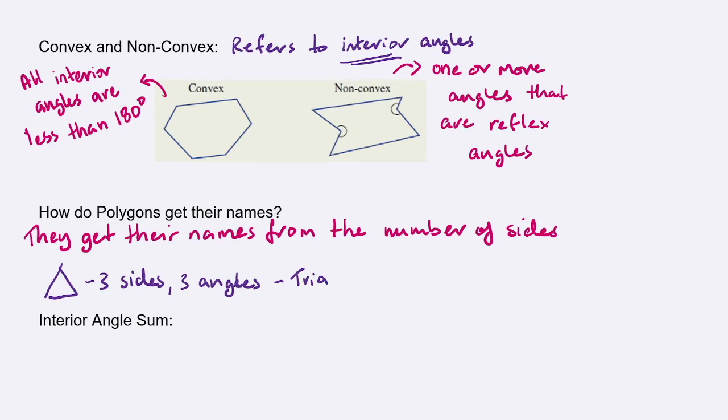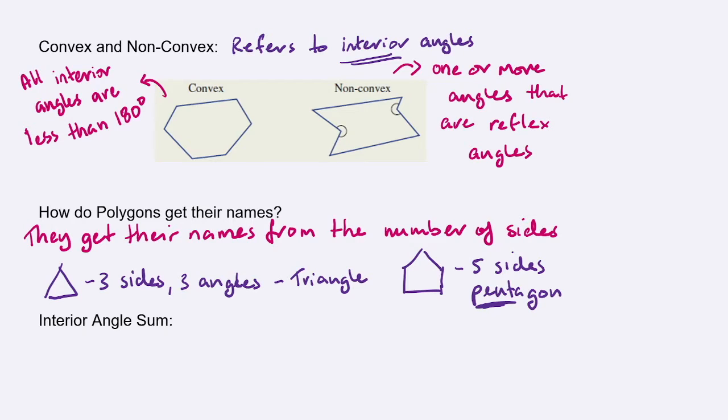That gives us triangle. A pentagon, or a 5-sided shape, a pentagon, all right, this prefix pent refers to those 5 sides. Okay, so that's where we get our names from.